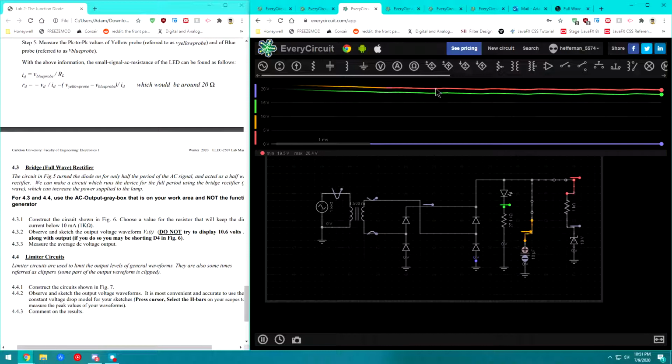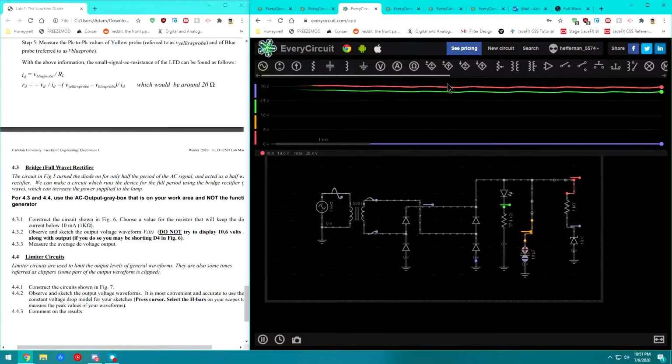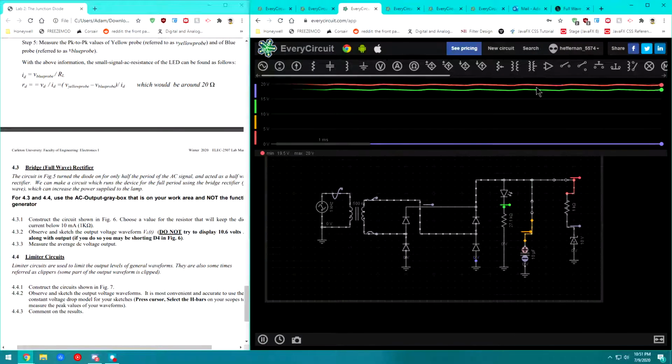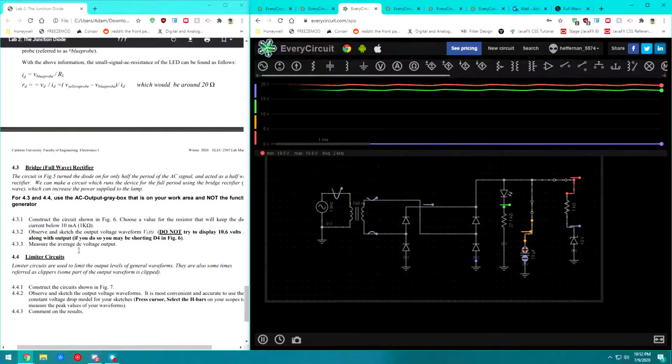As you can see, it's going down, but very, very minimally. It's clipping barely at all. And you can see we have almost a constant steady DC output at around 19 volts. Yeah, 19.5 volts or so. So that would be the final DC output, and that's what we could record.